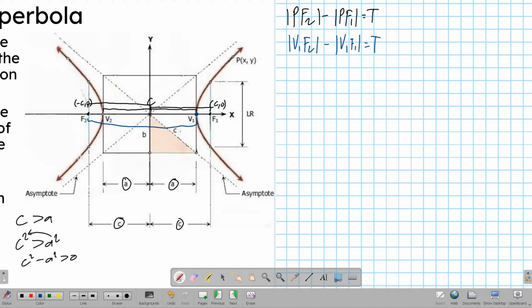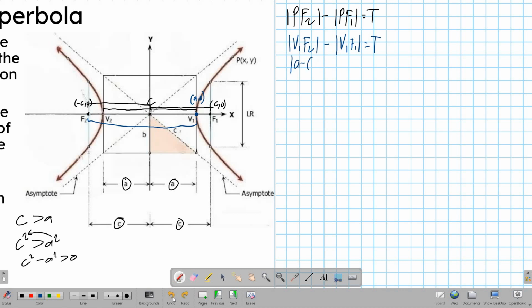V sub 1, since we already mentioned that the distance from the center (0, 0) is a, has coordinates (a, 0). So the distance between v sub 1 and f sub 2 will be the difference between their abscissas. And since a is obviously bigger than negative c due to its placement on the x-axis, the distance from v sub 1 to f sub 2 is represented by a minus negative c.